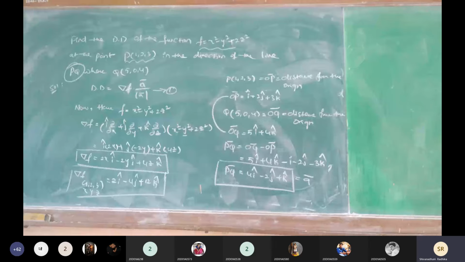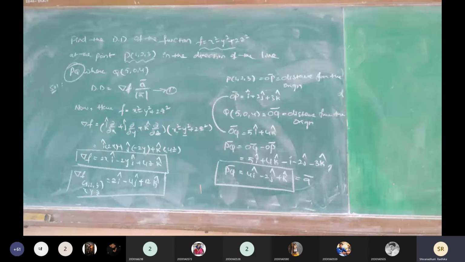Now the directional derivative of 1 by r can be written like this. 1 by r equals 1 by under root of x square plus y square plus z square. We want the directional derivative of 1 by r in the direction of the position vector, so we are going to find del phi. Phi is the scalar point function.